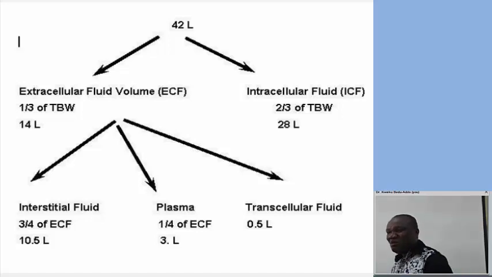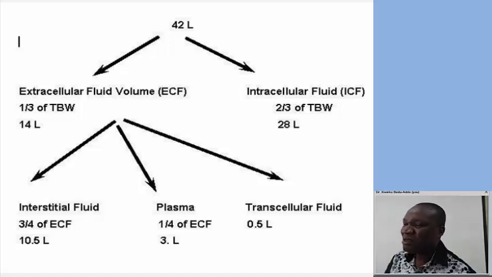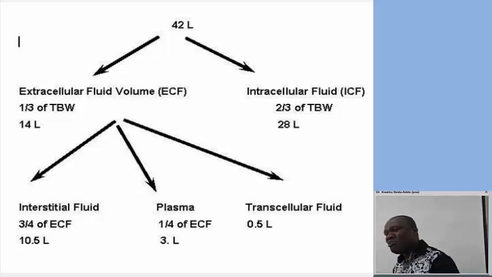We said plasma would be the remaining quarter. So that will give us almost 3 liters. Then the third subcompartment is the transcellular fluid, which is just about 0.5 liters. So this summarizes total body water and the contents of the various fluid compartments.